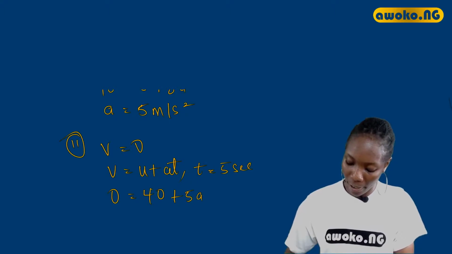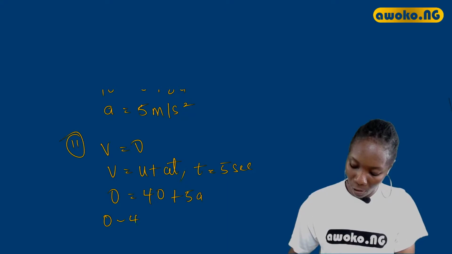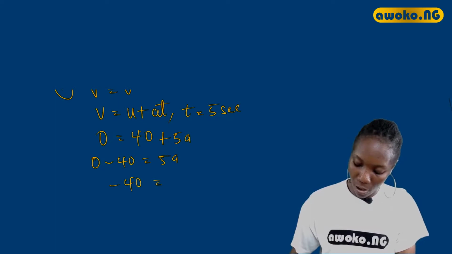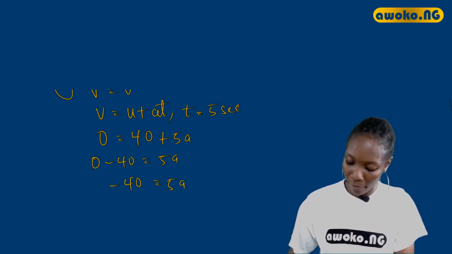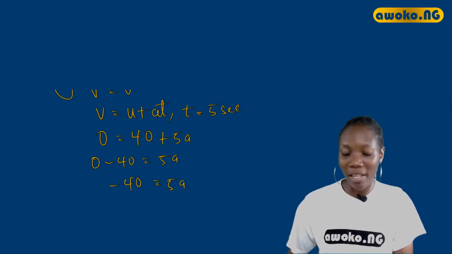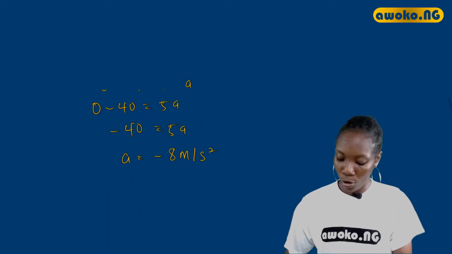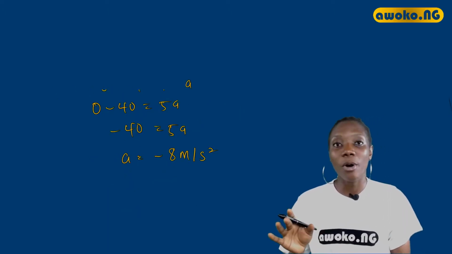So 5a. Now, if you take 40 to the other side, you have 0 minus 40 equals 5a. This would give you minus 40 equals 5a. When you divide both sides by 5, you get a equals minus 8 meters per second squared. So we've gotten our retardation, right?